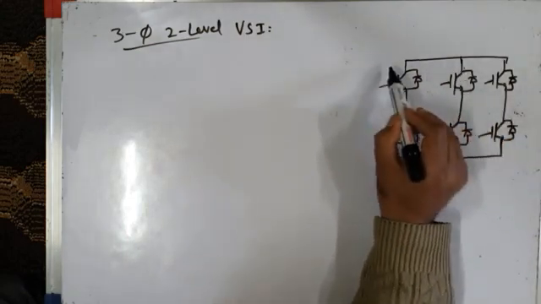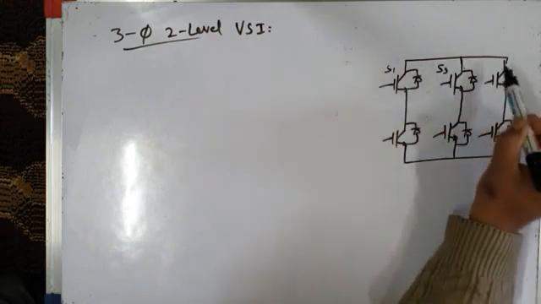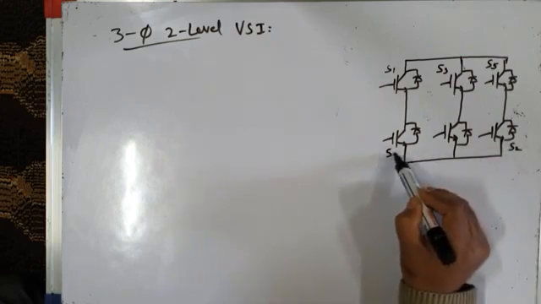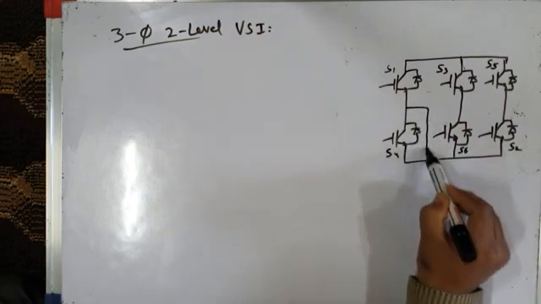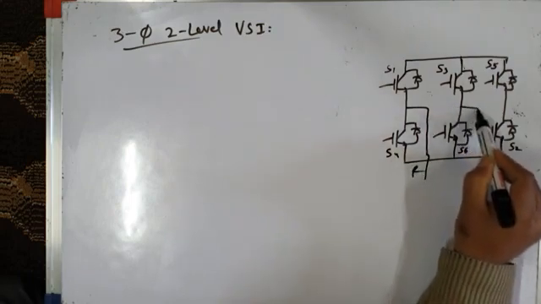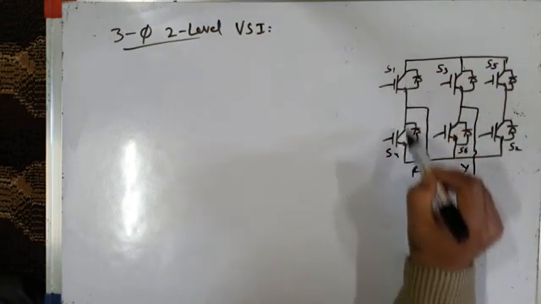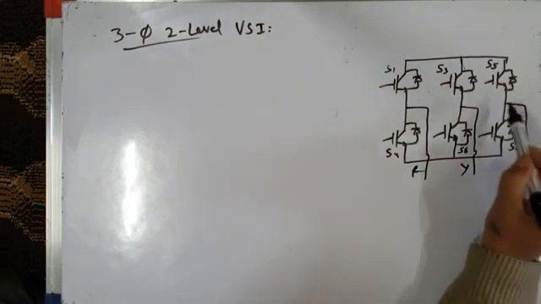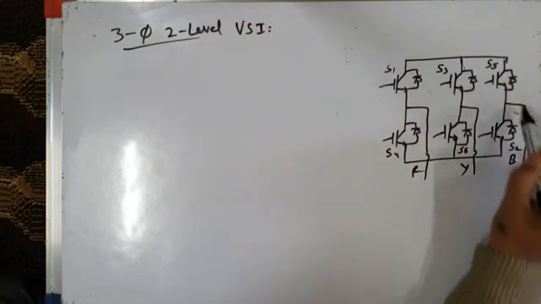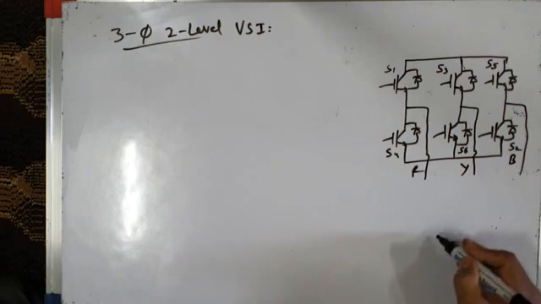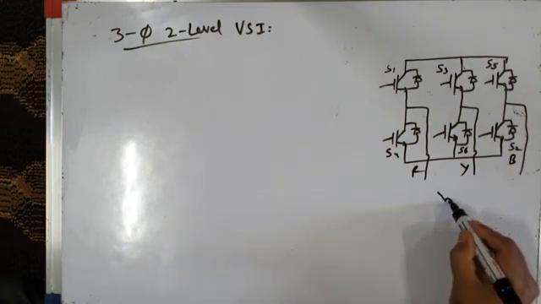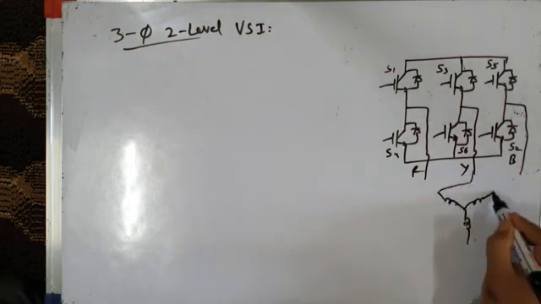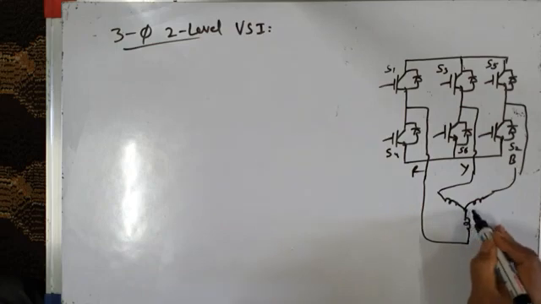So these are my switches, IGBT switches: S1, S3, S5 are the top switches, and the bottom switches are S2, S4 and S6. And this is phase R, which is connected to the midpoint of phase leg R. Y is connected to the midpoint of phase leg Y, and B is connected to the midpoint of phase leg B. And I may have a three-phase load like this, connected like this, and this is the neutral of the load.